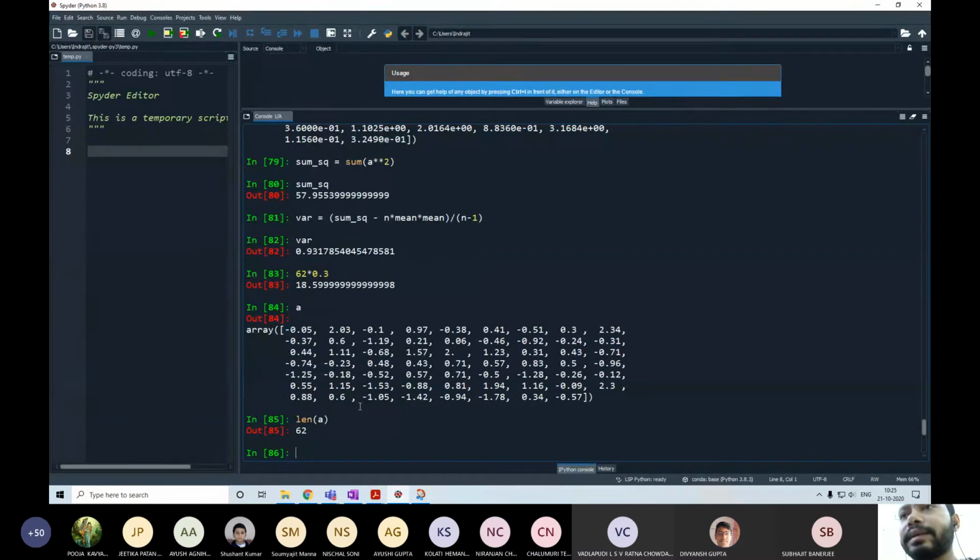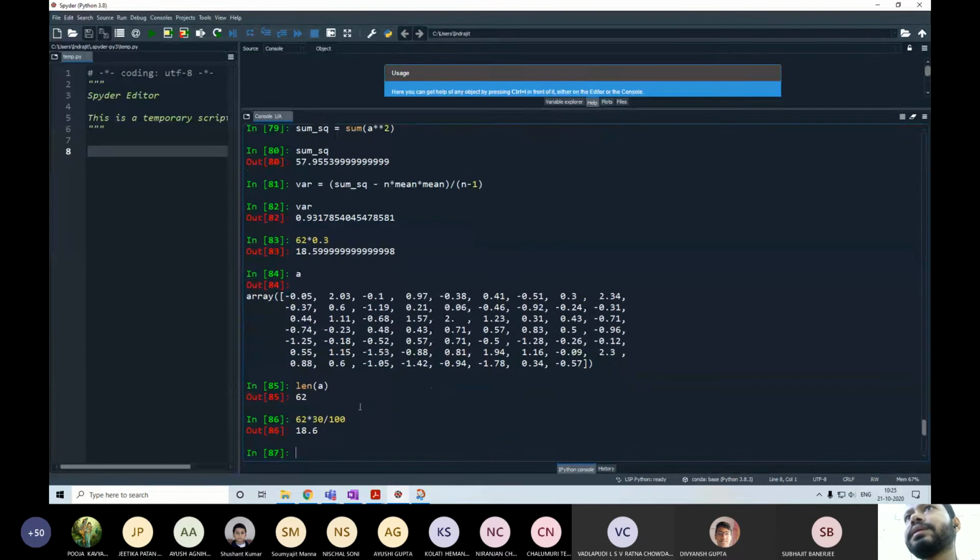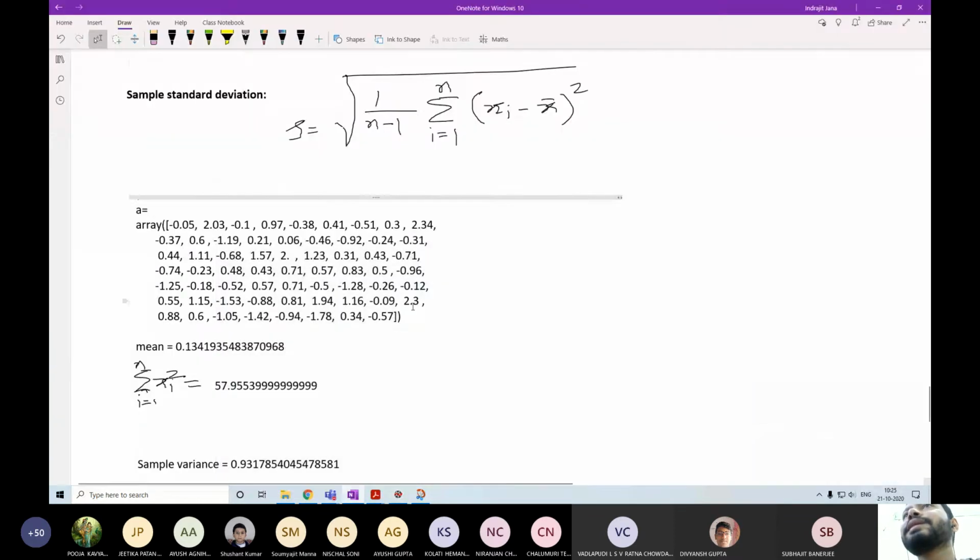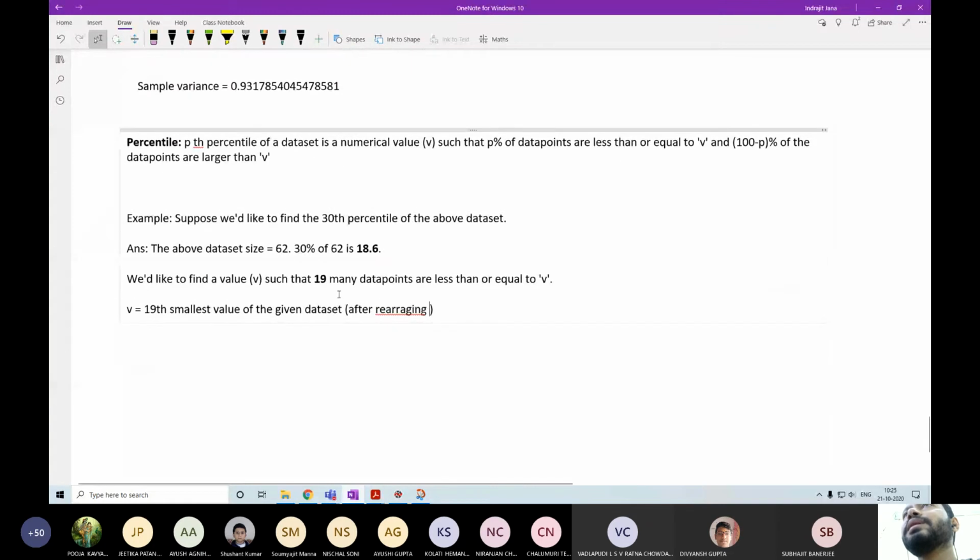And 30% of 62 is 62 times 30 over 100. That is 18.6, that is clear. But is that your question, or are you asking why this is 19 many?